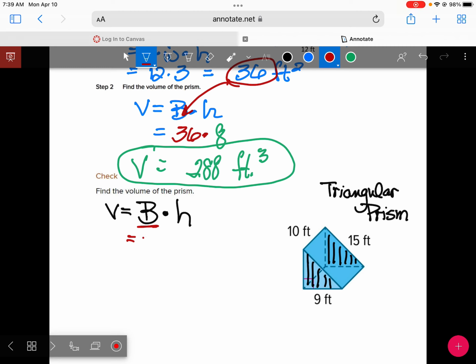It's going to be 1/2 times the base of the triangle times the height of the triangle.